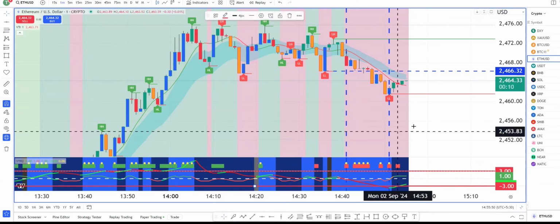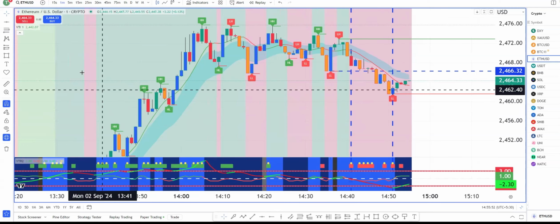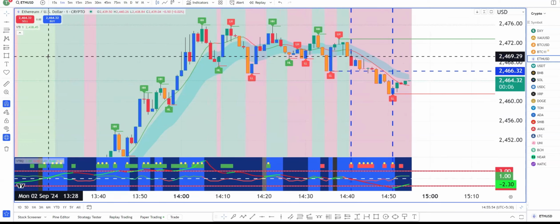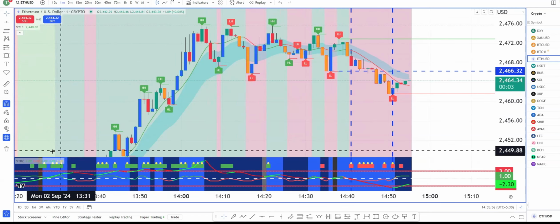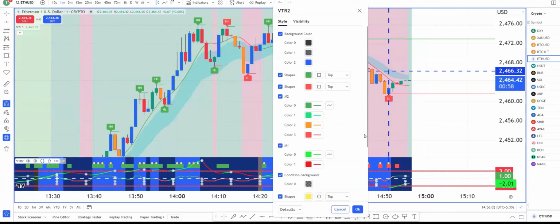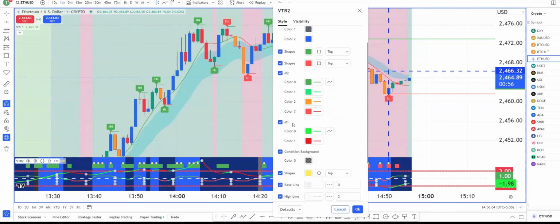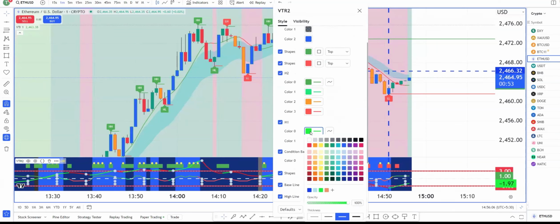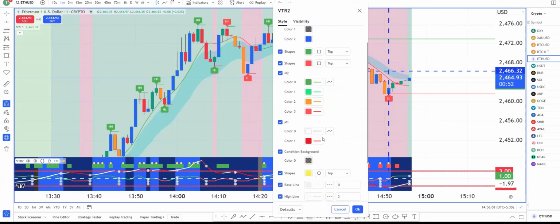Let me make it even more clear and visible for you. On the VTR2, go to the settings, look at M1, and convert these both M1 into white line.